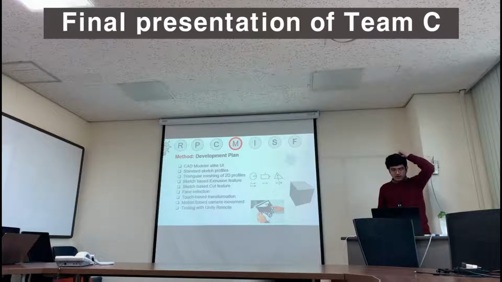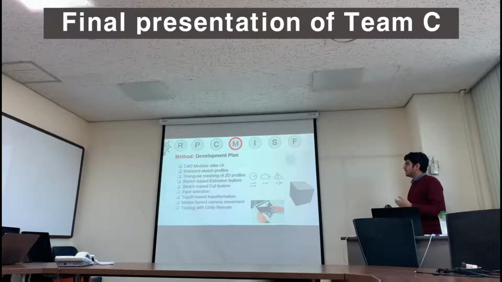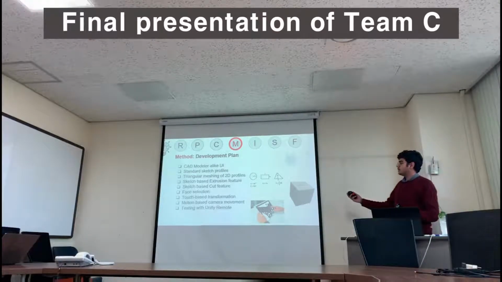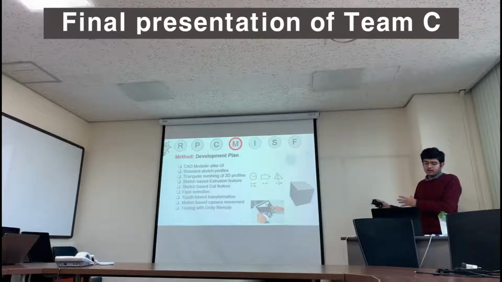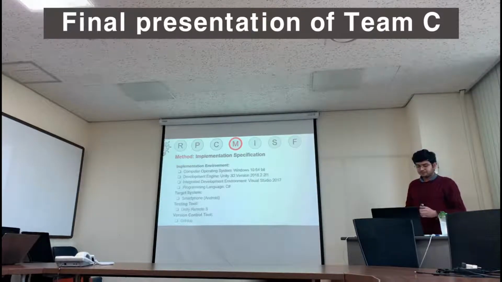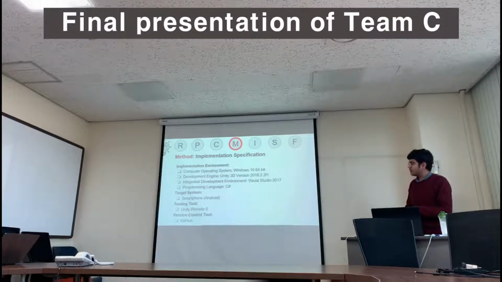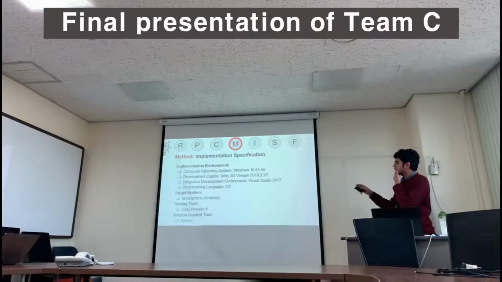Coming to the original development plan, we made up our mind that we should have a CAD-like UI, we should have standard sketches, then 3D, and then at the end we should have it in the iPad or in the phone. For the implementation specification: Windows 10 64-bit, Unity 2018, not the latest.